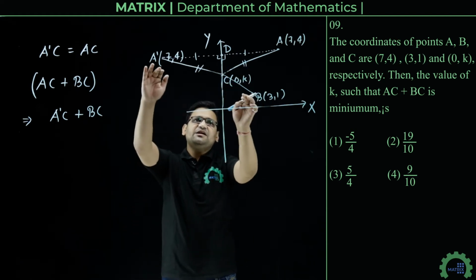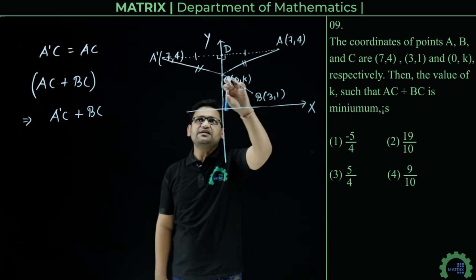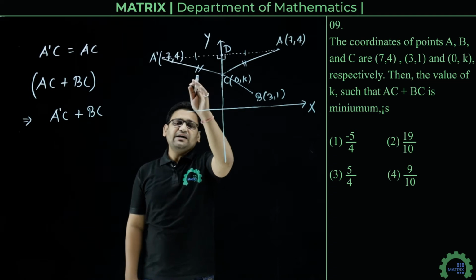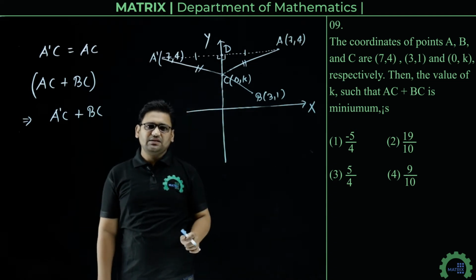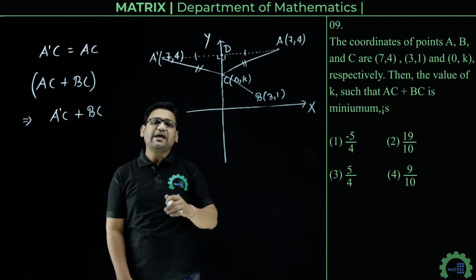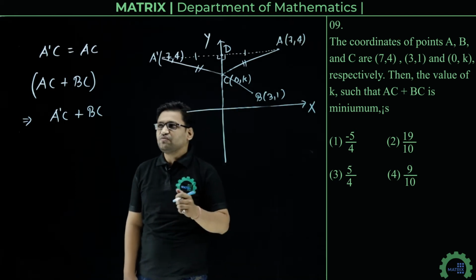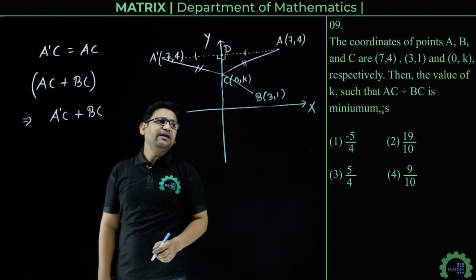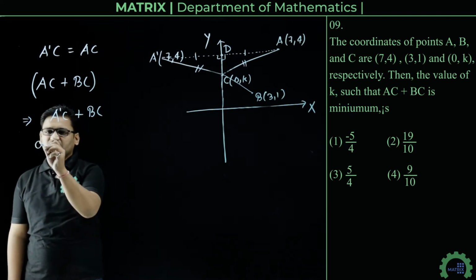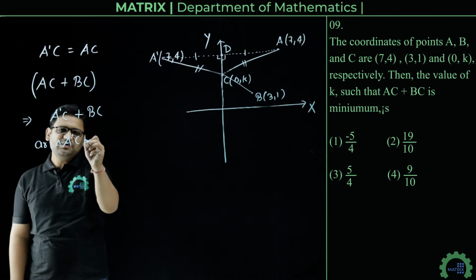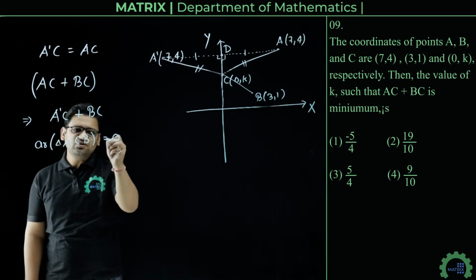When these 3 points are collinear, then the distance A dash C plus BC will be minimum. So the area of the triangle formed by these points should be 0. So the area of triangle A dash CB should be equal to 0.